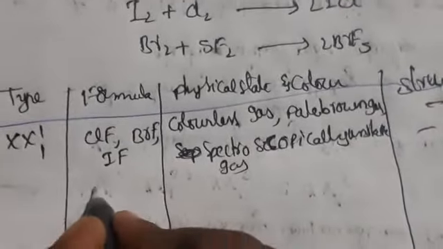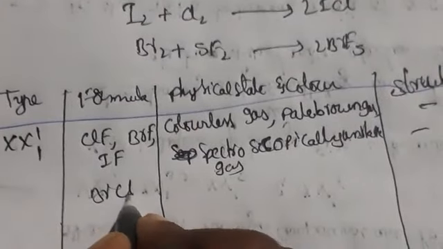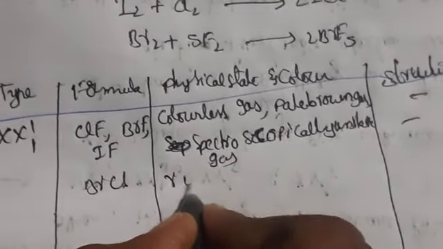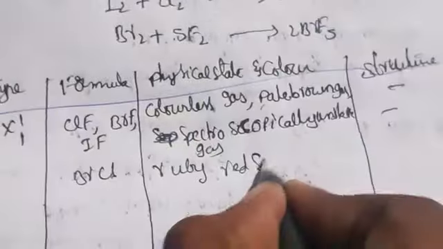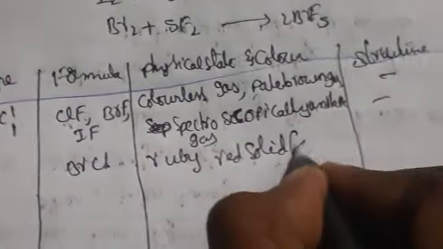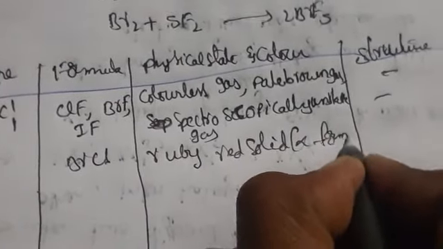And coming to BrCl, it is a ruby red solid, which is in alpha form.